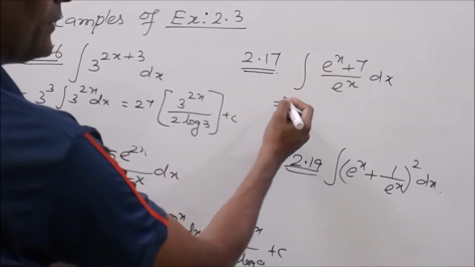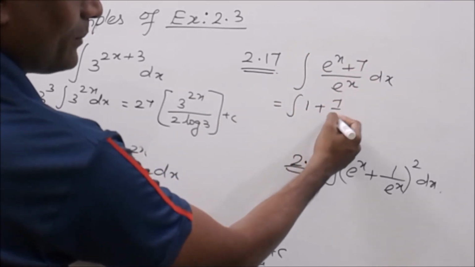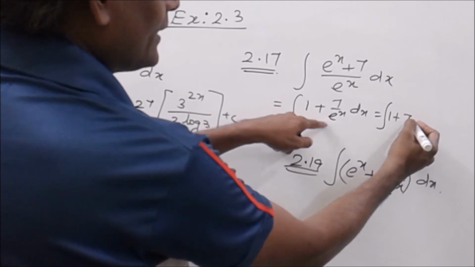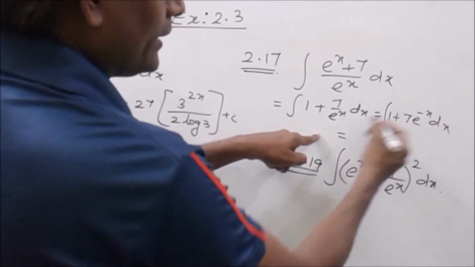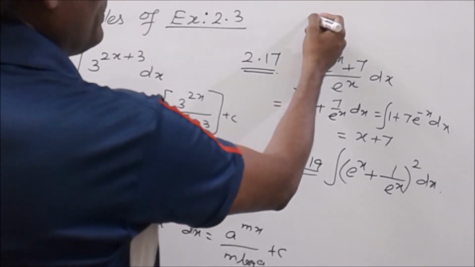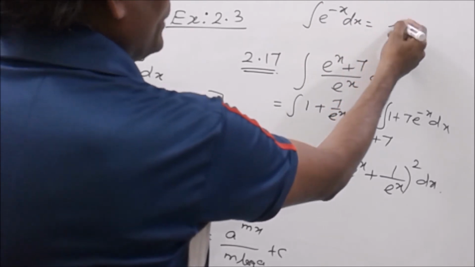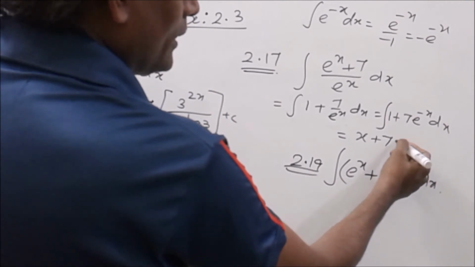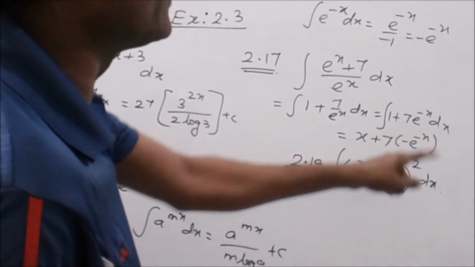Now separate it. By separating we have e^x by e^x, 1 plus 7 by e^x dx, which will be equal to the integral of 1 plus 7 into e^(-x) dx. Integrating, 1 into dx is x, plus 7 into the integral of e^(-x) dx, which is e^(-x) by minus 1, that is minus e^(-x).